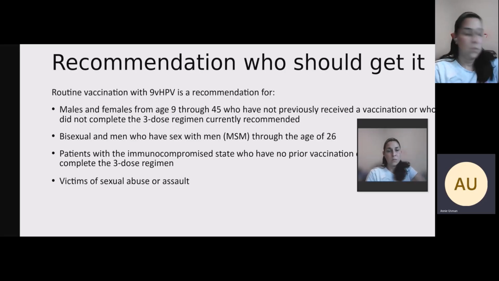So routine vaccination is recommended for both males and females from the age of 9 to 45 who have not been previously vaccinated.